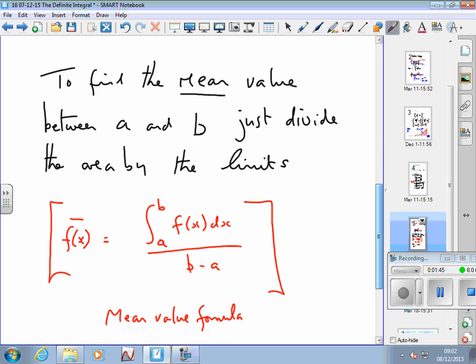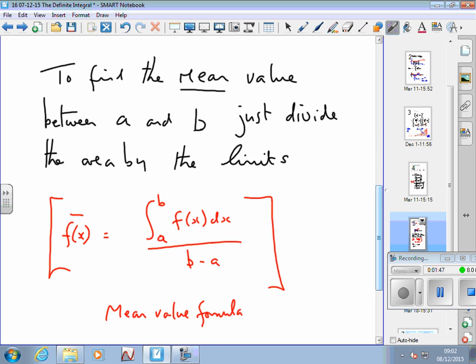And all that's saying is, to find the average value, and this bar above the function, f x bar, means average, how do I find the average value? I integrate between the limits I'm interested in, a and b, and then I divide by the distance between those limits, b minus a, and that will give me the average value.